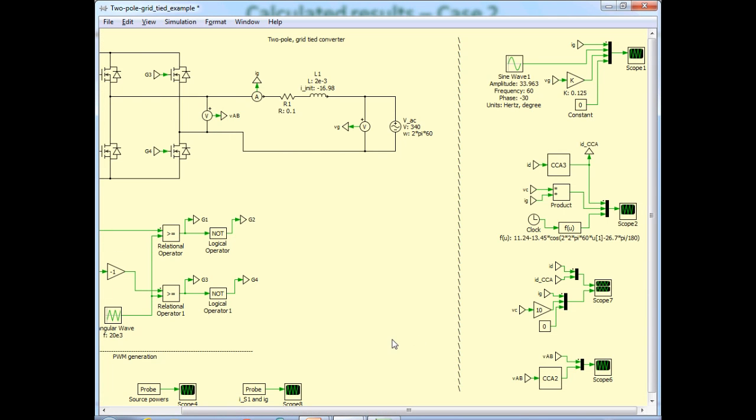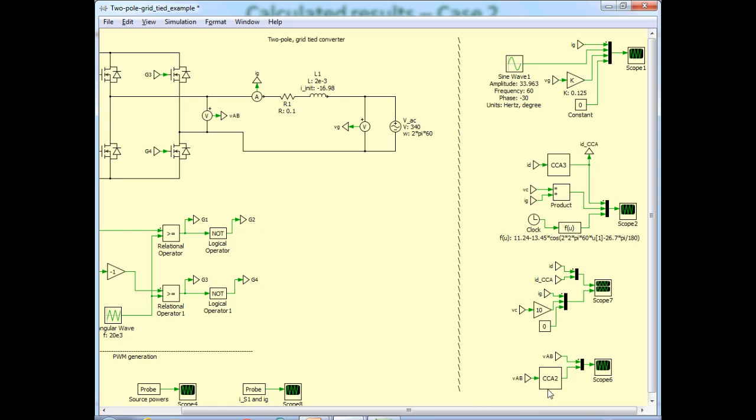Okay, the next waveform that we are going to look at is the actual converter output voltage, VAB, which is a switching signal at twice the switching frequency because of unipolar PWM. Along with VAB, we are also plotting the cycle by cycle average value of VAB.